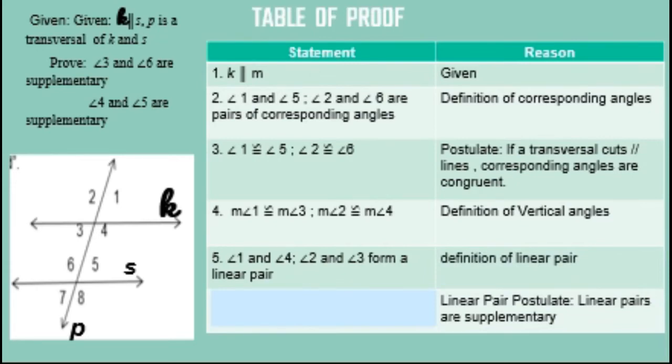How about the sixth statement? The reason is linear pair postulate. Linear pairs are supplementary. Our sixth statement is angle 1 and angle 4, angle 2 and angle 3 are supplementary.